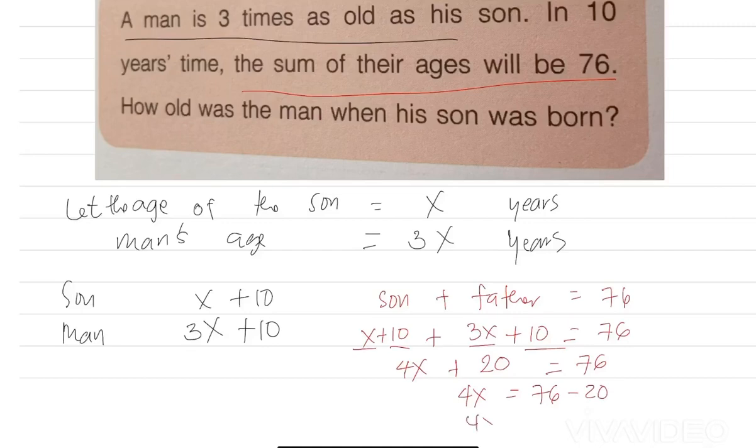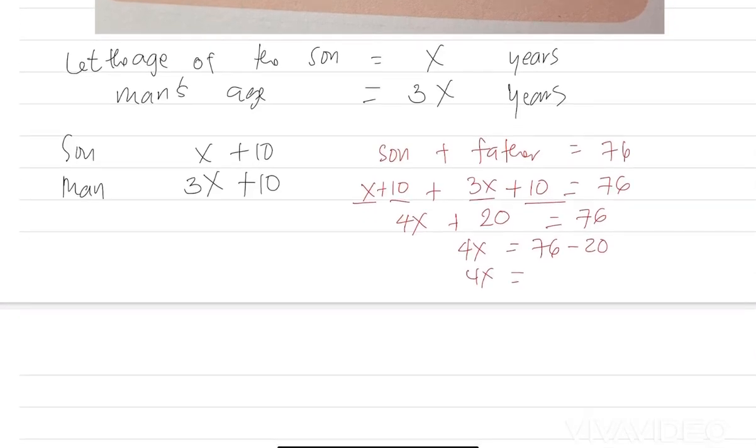So 4x now is equal to 56. Divide both sides by 4. So x now is equal to 14. So the age of the son is 14, right? Okay, so the son is 14 years old.